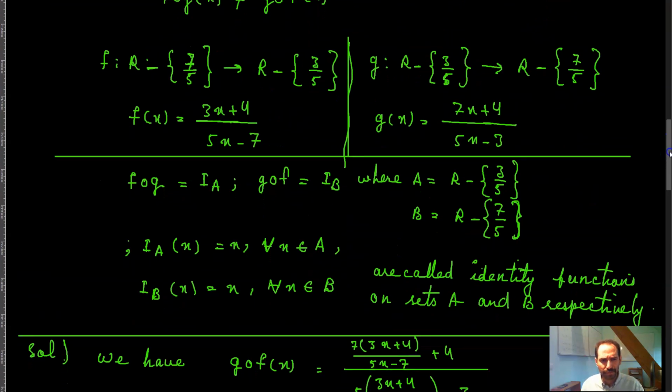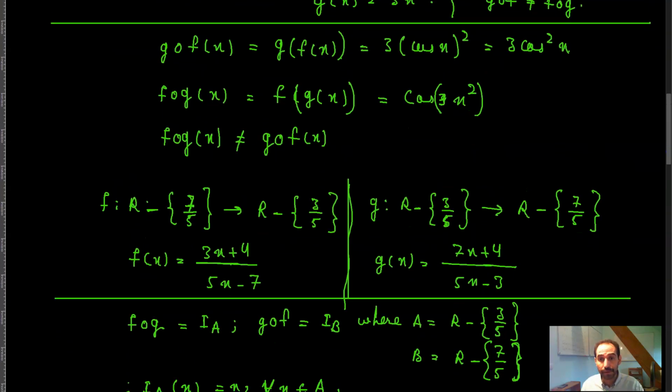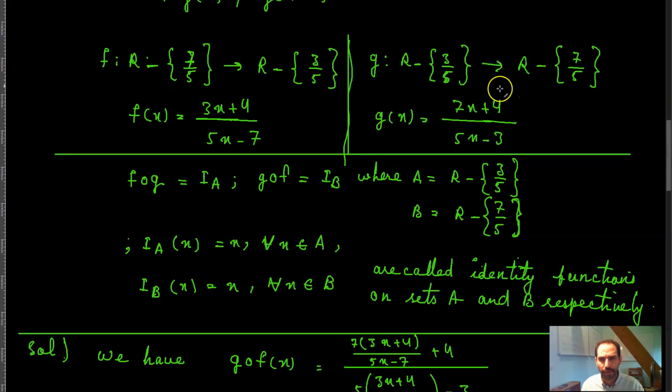So basically, as we see here, f is a function from some set to another set, and g is another function from the codomain of f to the domain of f. And so there is a rule for f of x, there is a rule for g of x.